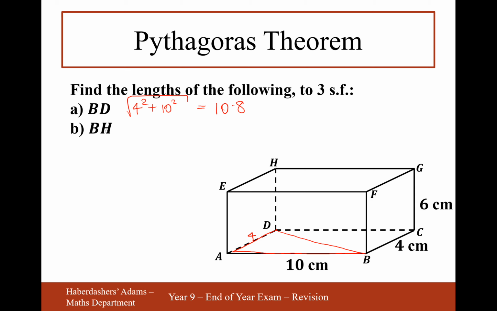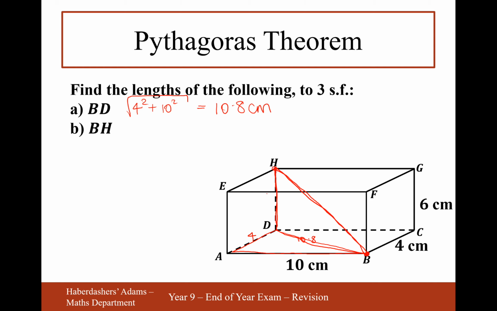Then work out the distance from B to H. So H is in the top corner here, and then I'll go down to B down here. Now that 10.8 centimetre line is coming in very helpful here, because it's now going to give me the base of my new right angle triangle. My new right angle triangle is going to be here.